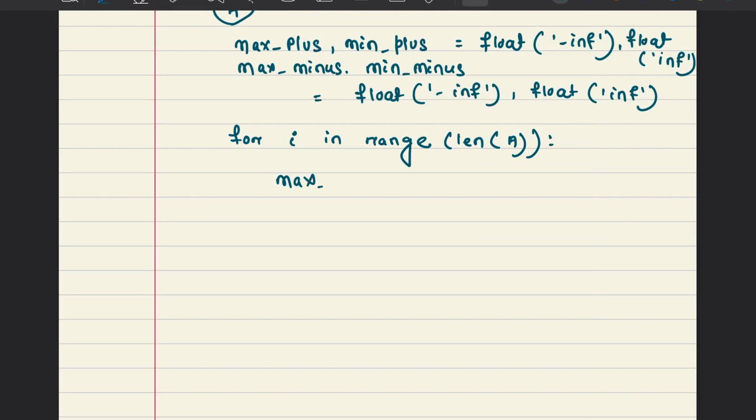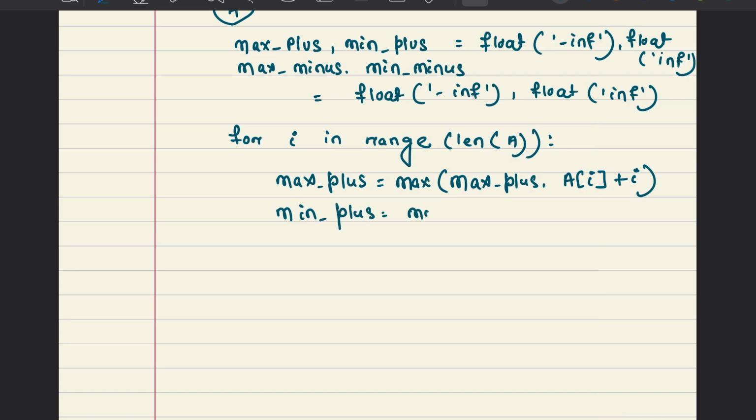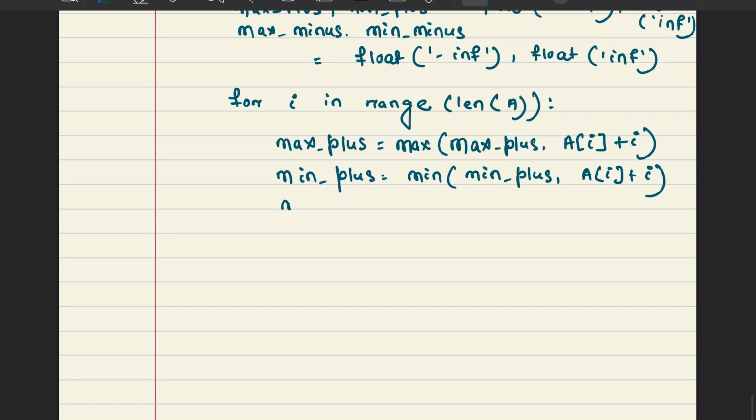So max plus equals max of whatever we have found so far, max plus, and a[i] plus i. Similarly, for min plus, we need to find the minimum, so min of whatever we have found so far for min plus and a[i] plus i. So this will be max plus and min plus.